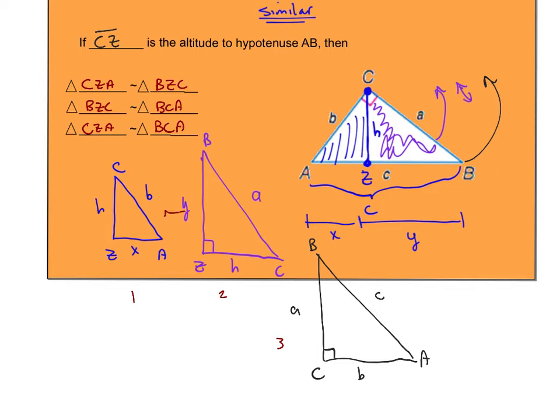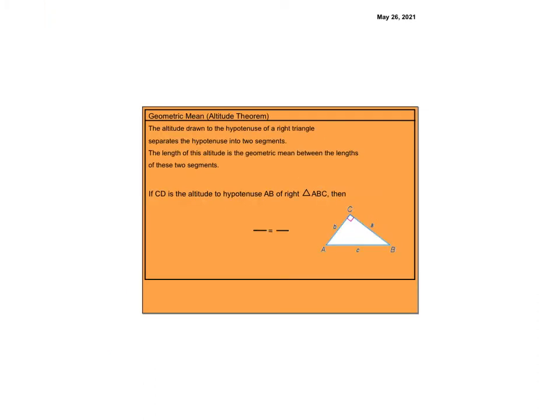These are all similar to each other, and what's important about that is that my sides are all going to be in proportion. They all follow this rule of side over side, side over side. Maybe those are the wrong letters to use, but that's the idea.